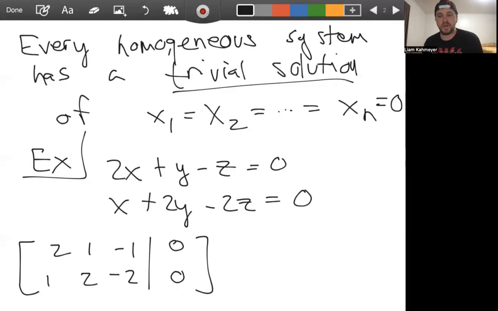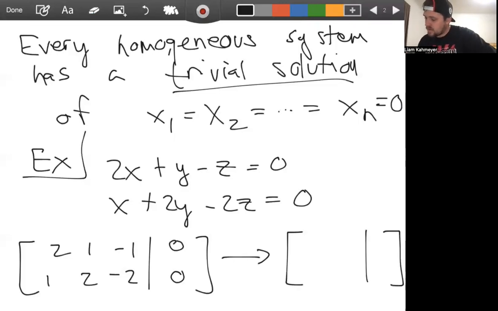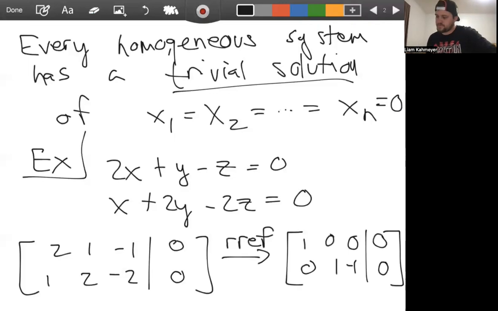And we would wish to put this into reduced row echelon form, right? So doing that, and maybe for the sake of time, so I can more in depth cover the physics examples, and I think we're comfortable now with computing reduced row echelon form of a matrix, you can see that this reduced row echelon form matrix would be 1, 0, 0, 0, and then 0, 1, negative 1, 0.